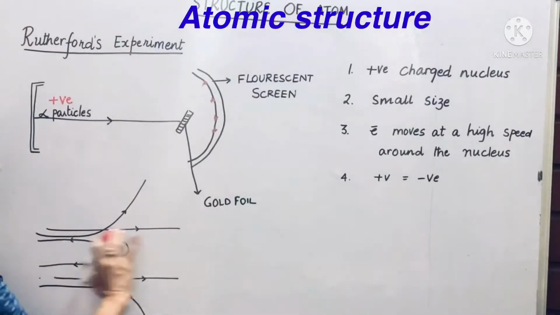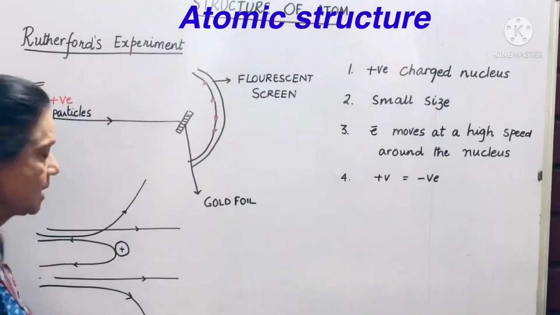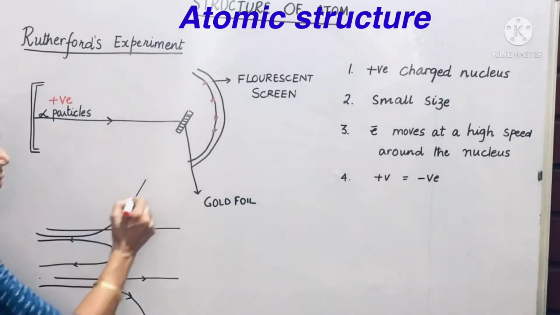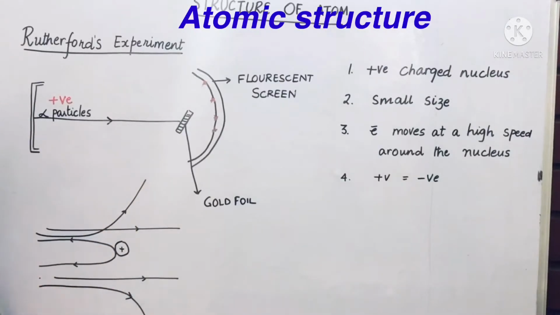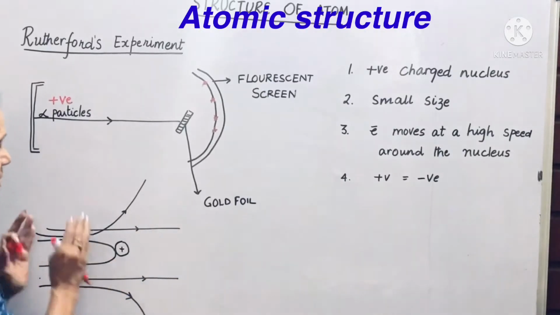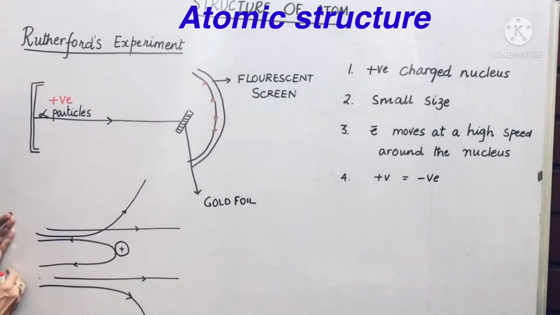That means they just passed across. Very few of them got deflected into different directions, and also very few turned back in the same direction. So he had three observations. Most of them went straight. A few of them got deflected back and some in different directions.